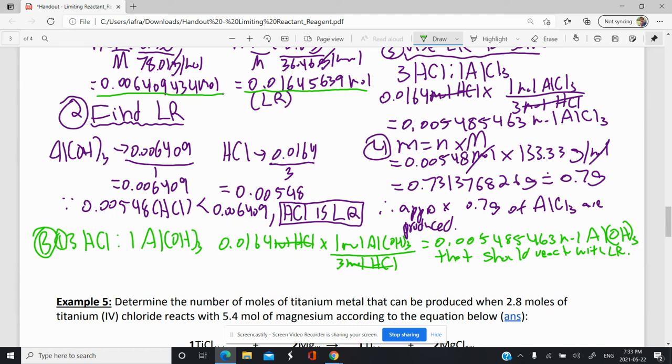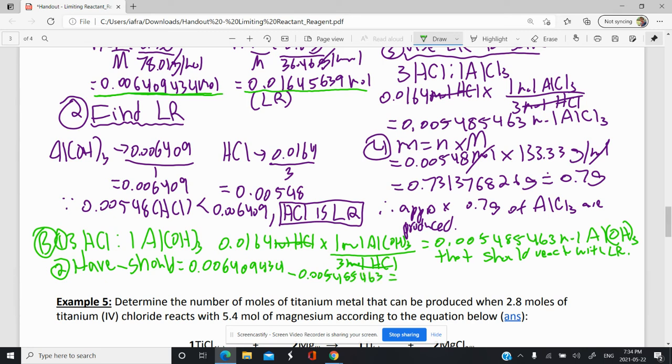So now what we're going to do is what do we have from the question minus what should react. So have minus should is what's going to be left over. That is 0.006409434 minus the should part, which is 0.005485463.